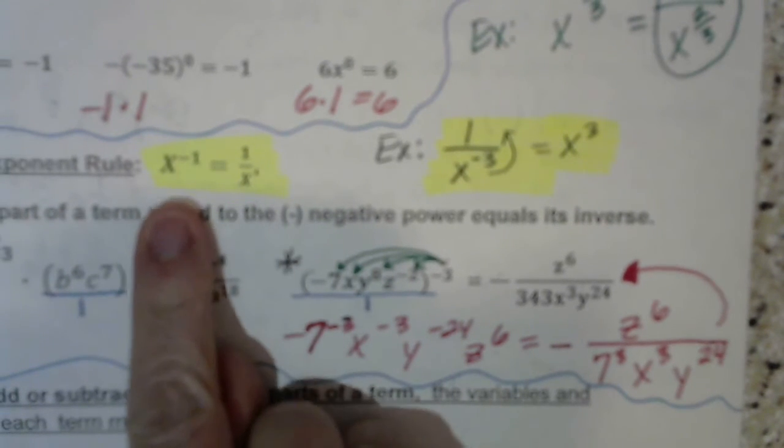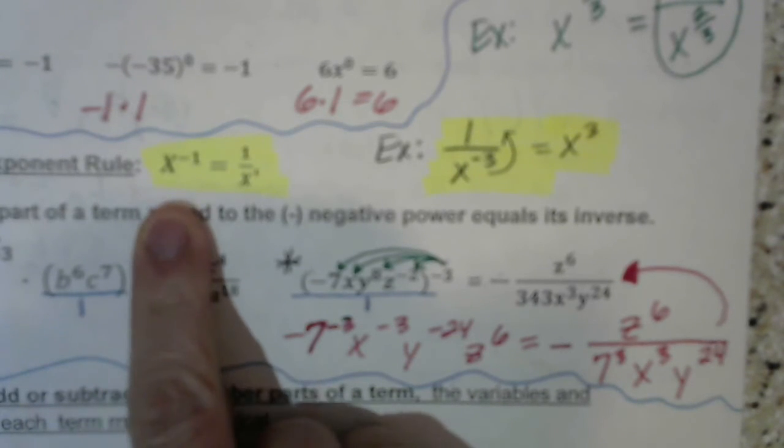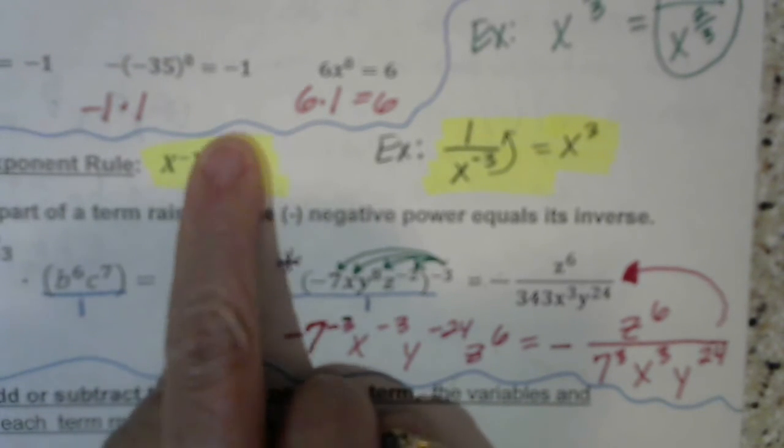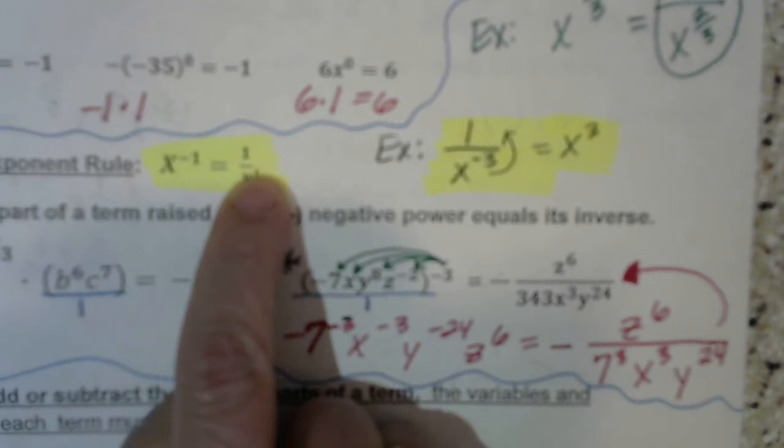So if it starts out on top or like a whole number and I need it to be positive, I have to move it to the denominator of a fraction. Then I can change that 1 that was negative. Once I move it down into the denominator, I can make it a positive 1.